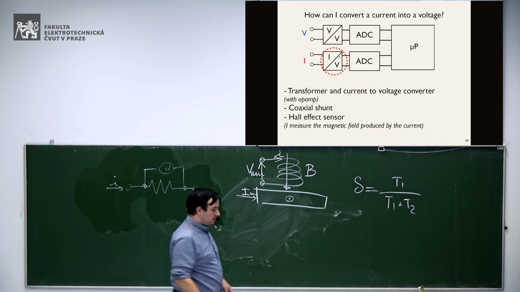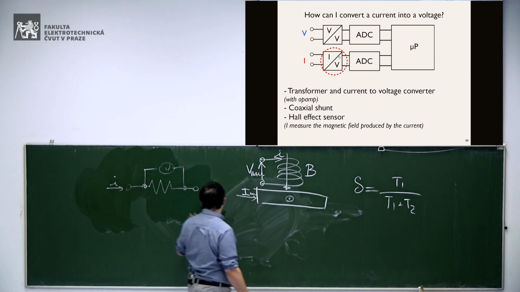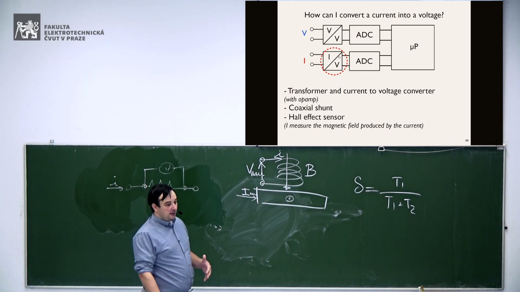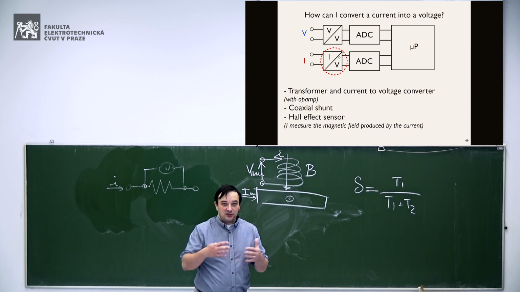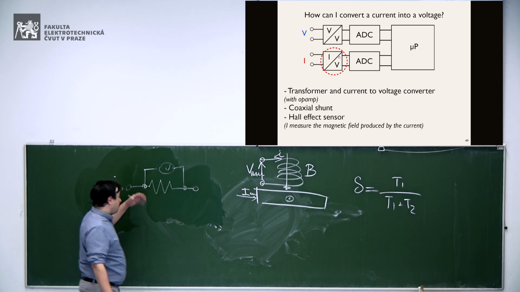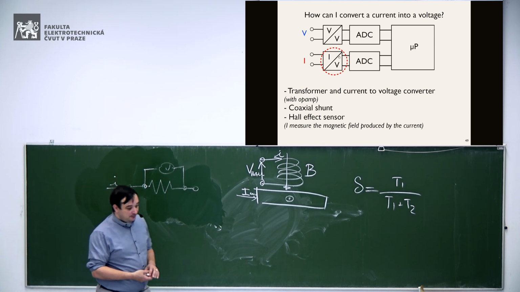One of the problems is that you don't have galvanic insulation, so you don't have anything which decouples, which separates your measurement circuit from the circuit where you sometimes have large current. So this might be dangerous.